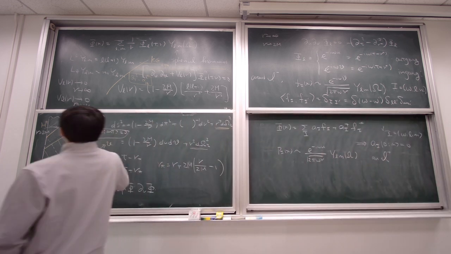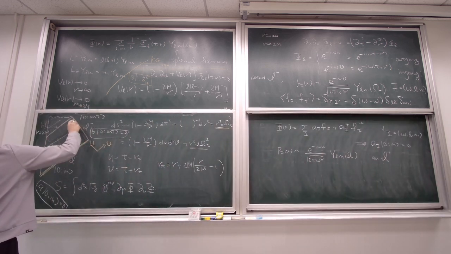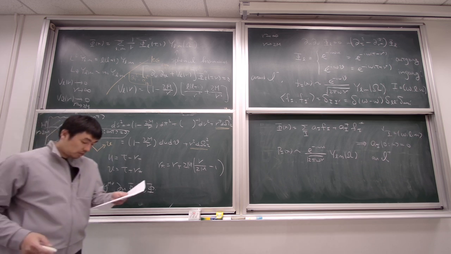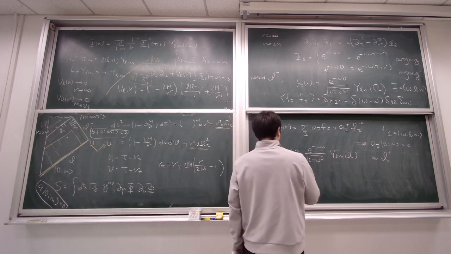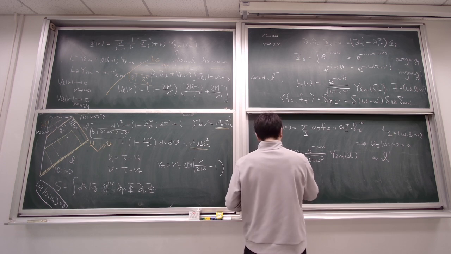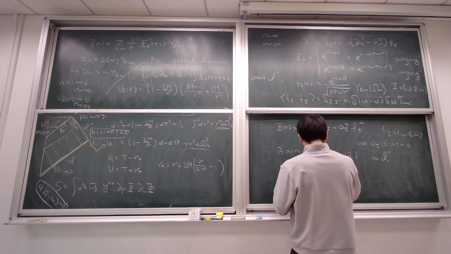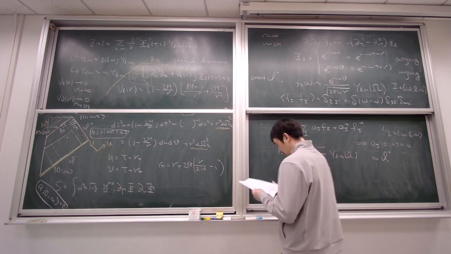This is a mode outgoing like this way. On the other hand, we have to find the mode which is incoming like this way. So this is p_i, and this one I call q_i, for the horizon. So q_i of x is a mode on the H plus, supported on the H plus.